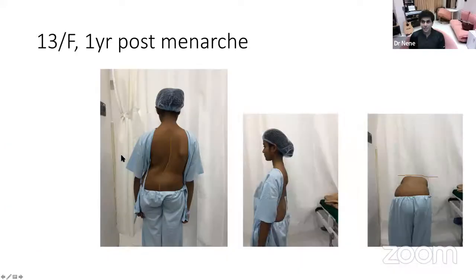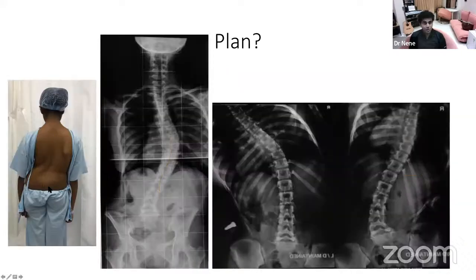Lovely. I think that's a lovely take-home point. The other thing that you probably want to look at is that fullness over here that you see, which is again not so common. You can see that there is a significant truncal shift, but not much rotation. So all this takes you away from the standard AIS presentation, if you may.